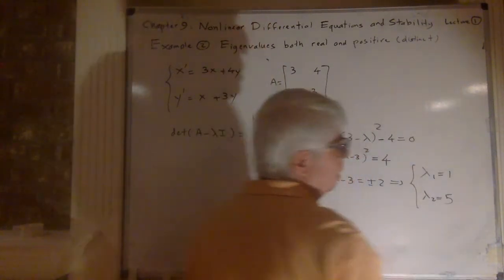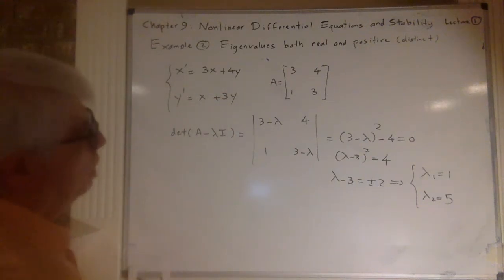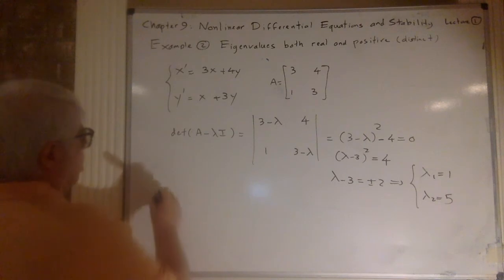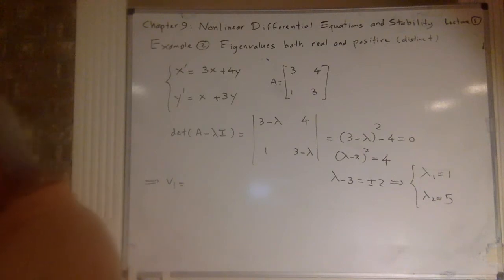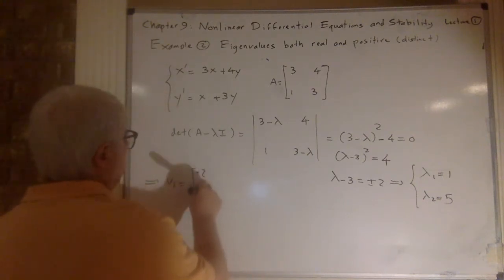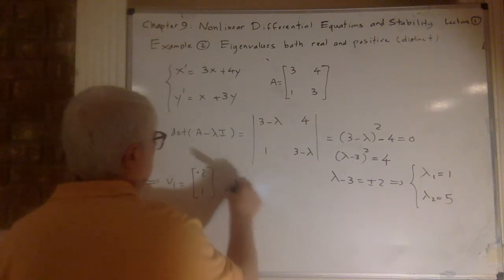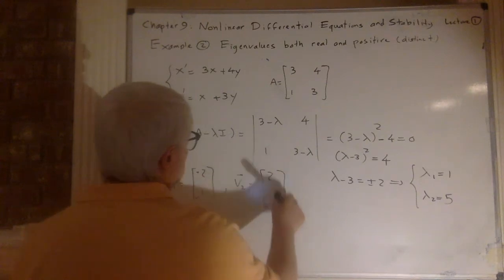Well, you can see that I got the two answers with the opposite signs. So 1 and 5, and this gives me V1. I calculated V1; I got the opposite of those two. V1 is minus 2, 1, and V2 is 2, 1.